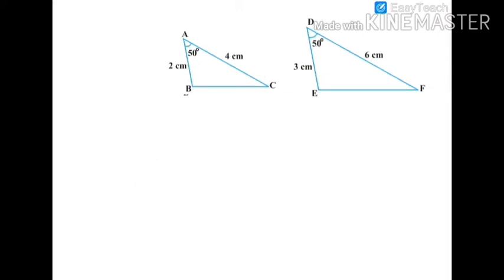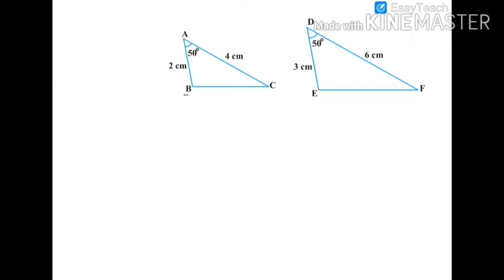To obtain the third criteria, let's do this construction. Construct triangle ABC with two of its sides as 2 centimeters and 4 centimeters and the included angle as 50. Construct triangle DEF with two of its sides as 3 centimeters and 6 centimeters and included angle as 50.